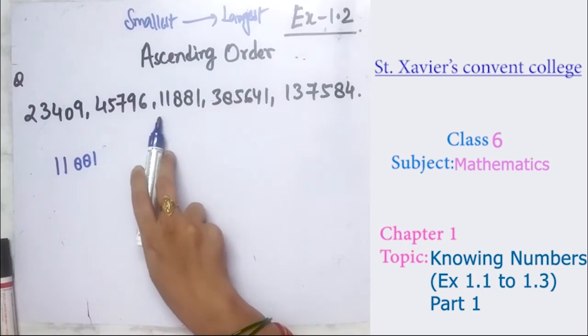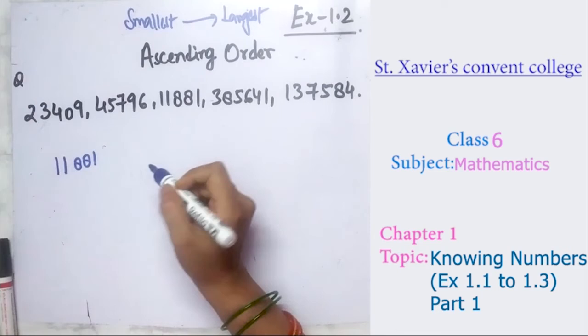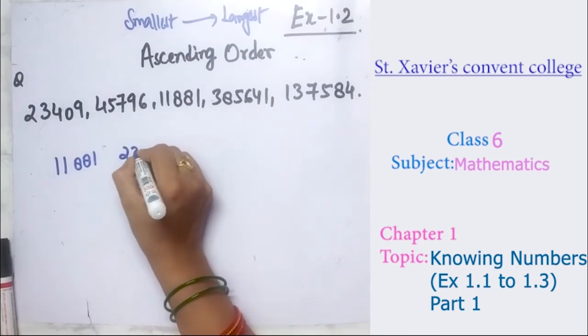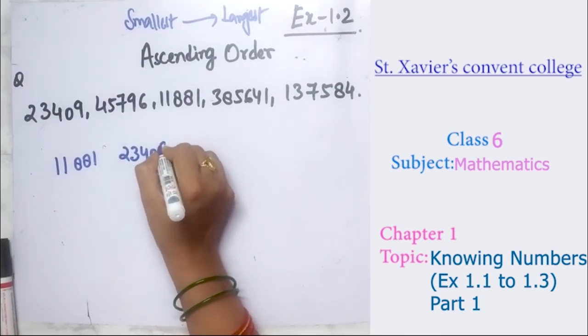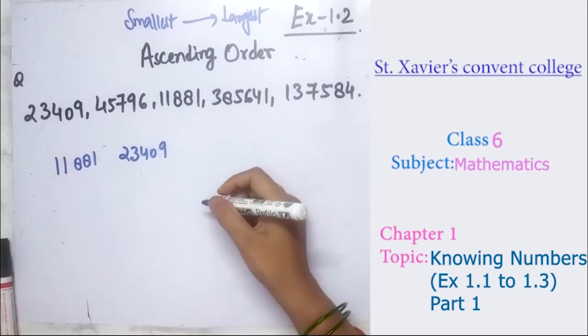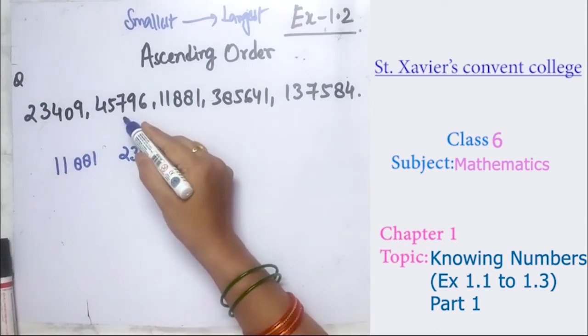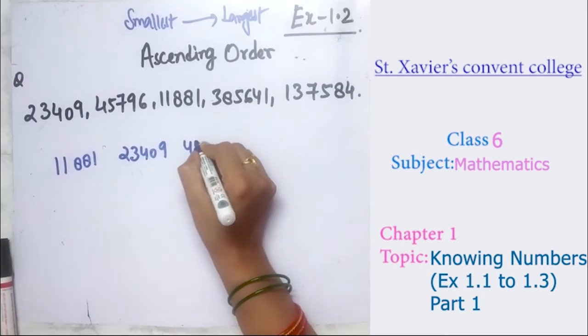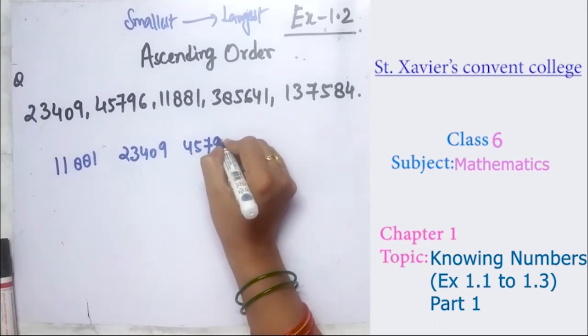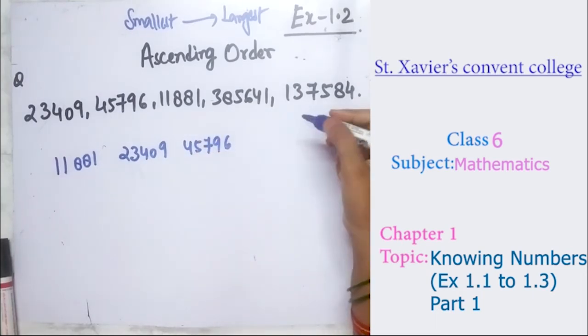The next number which is greater than 11,801 is 23,409. So put 23,409. The next number which is greater than this is 45,796. Now come to the lakhs.